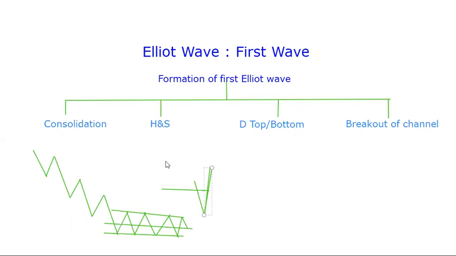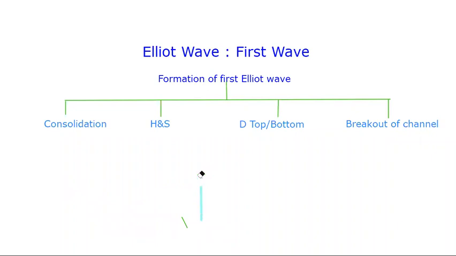Okay, if the market is trending up, then you will have higher highs and higher lows, right? And once this is formed, you will see that there is some consolidation going on.